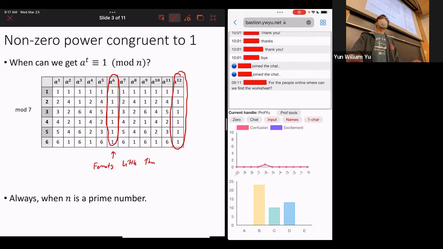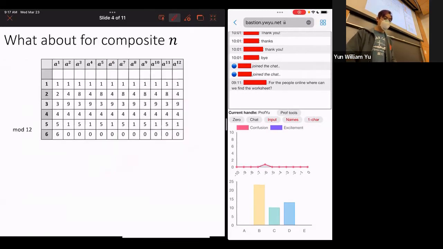Because from our prime powers interactive, you notice that sometimes you get things that are all zeros. Or sometimes you get repeated 4, 8, 4, 8, 4, 8, but you never get 1 again. And so we know that this can't be true for composite numbers.